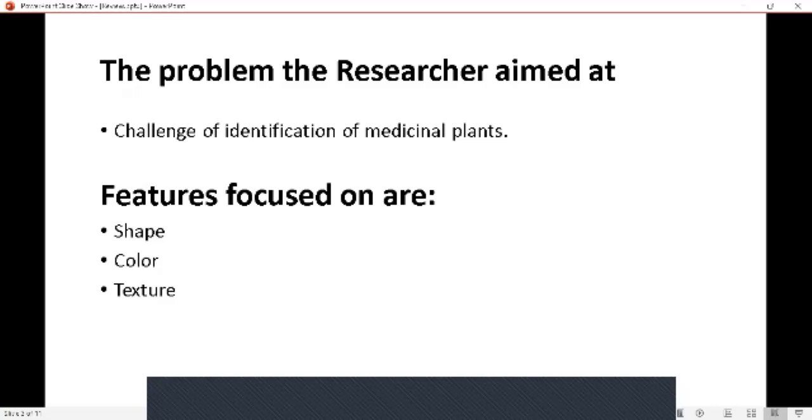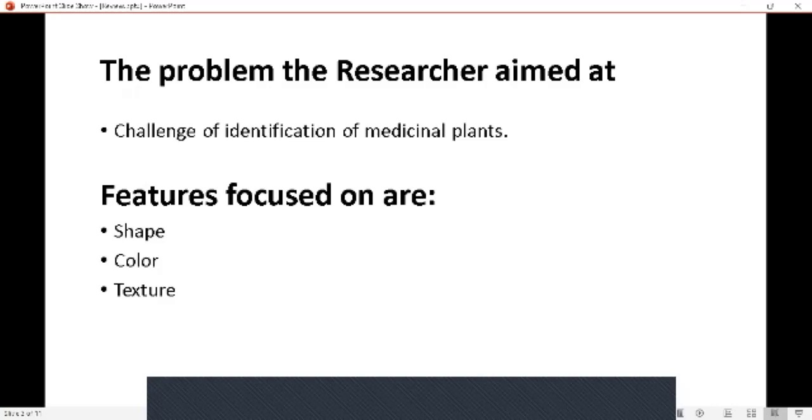And also when we talk of the color features, we have a number of features within the color. That is the standard deviation, the mean, and also some other things like the skewness of the colors, in terms of the three major colors that we look at, that is the red, green, and blue.